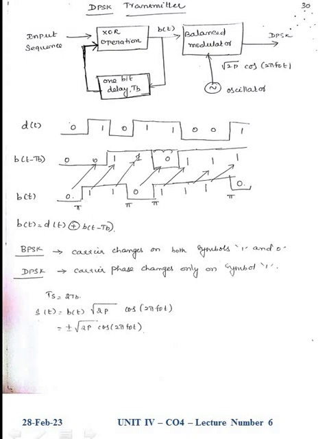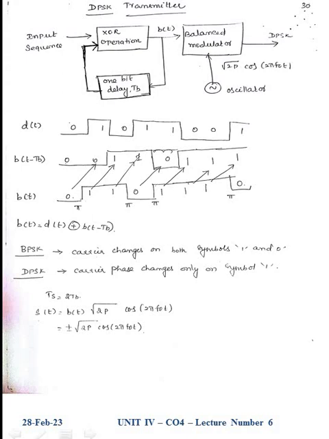Here d of t is the actual Euclidean distance of the binary bit stream, and b of t minus Tb is the 1 bit delay with time period Tb. When we take the XOR function of d of t with the delayed bit, it induces b of t. So this is the basic principle of DPSK.